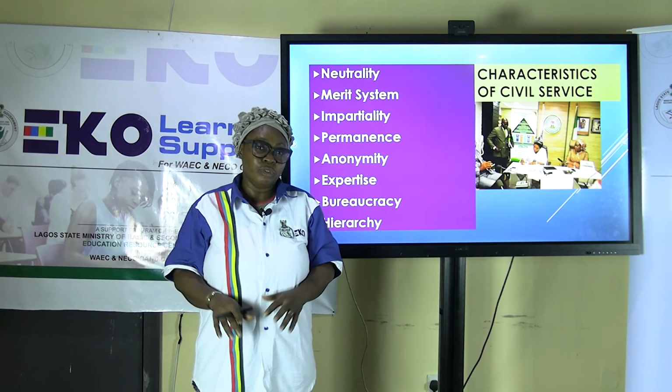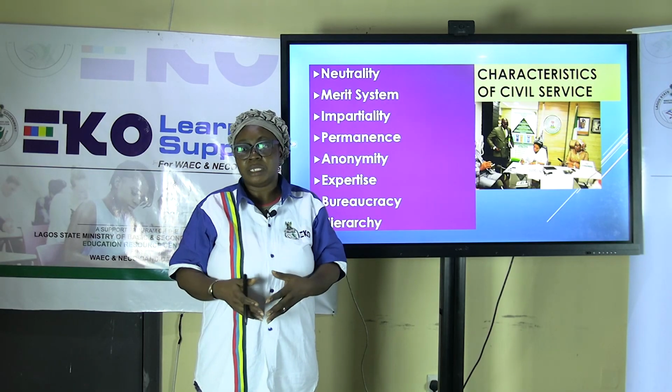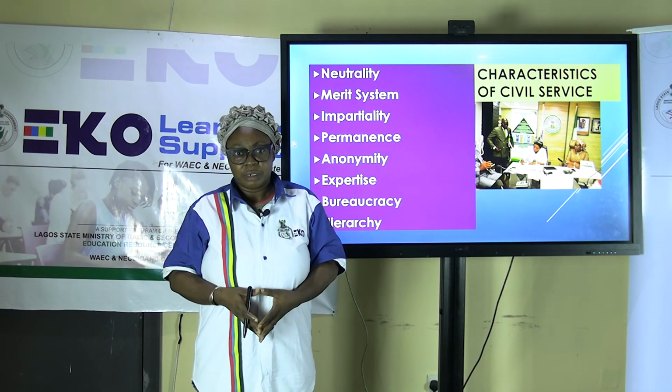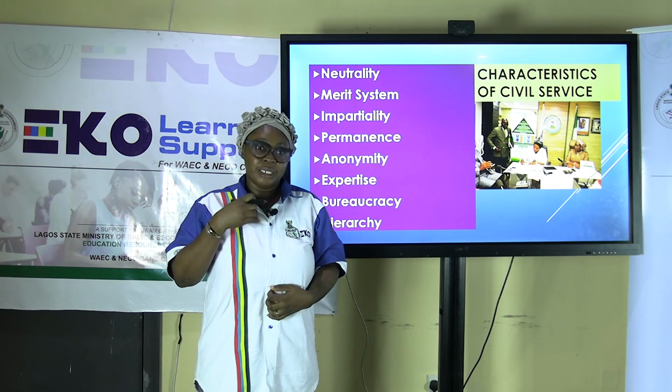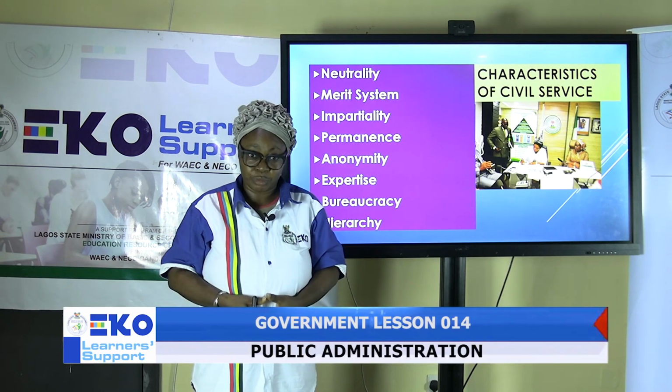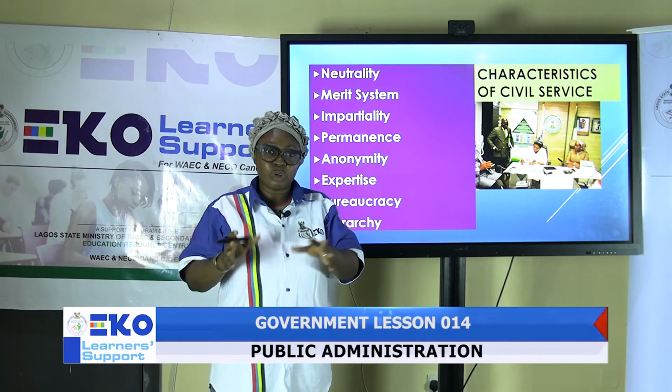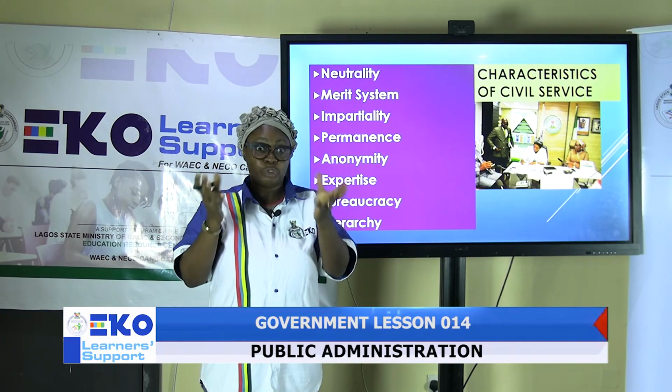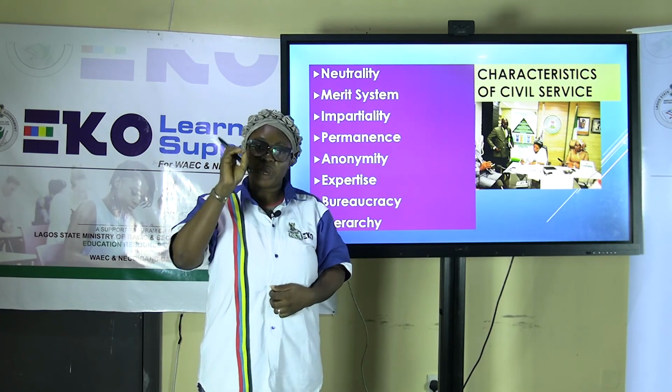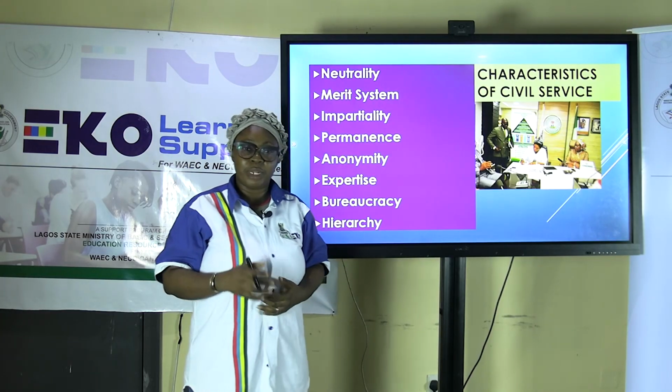Civil servants are not authorized to claim any praise, except when given permission. We are not to come up and say I am the one doing it. No, the political head of that ministry will take the praise and the blame.